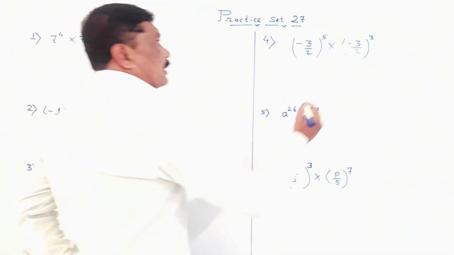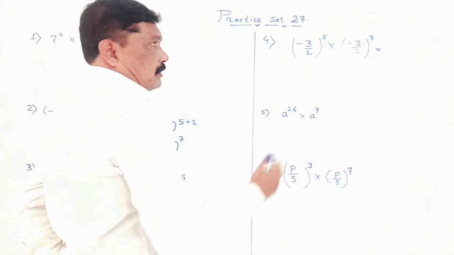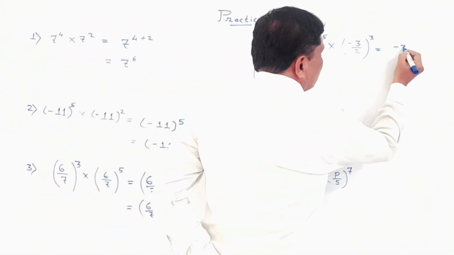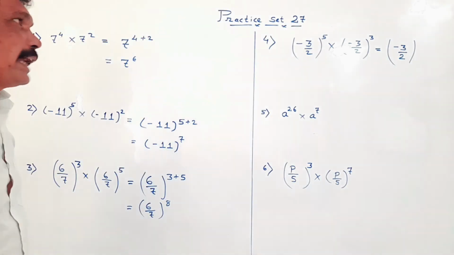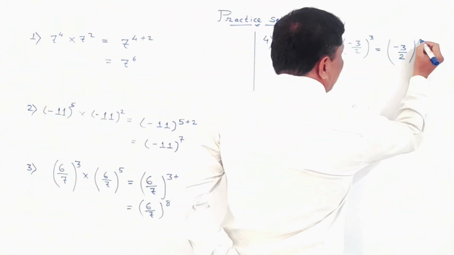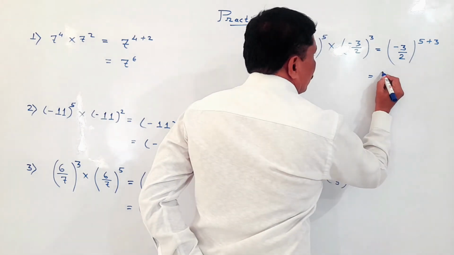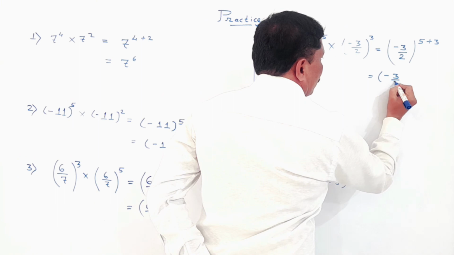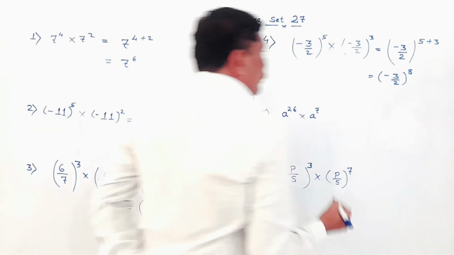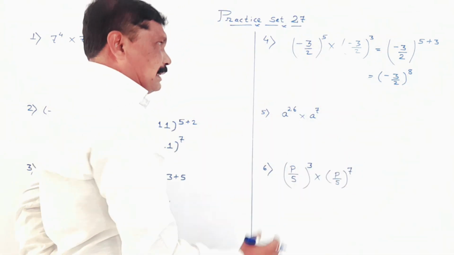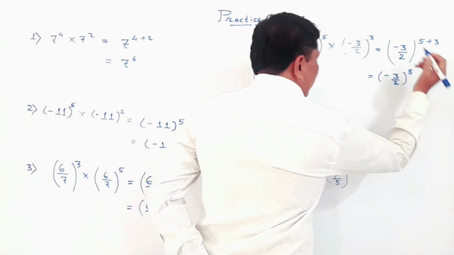Here again we have two indices with the same base, that is minus 3 by 2. In such a condition we can add the index. 5 plus 3 is equal to 8. Then we will get the answer minus 3 by 2 raised to 8.